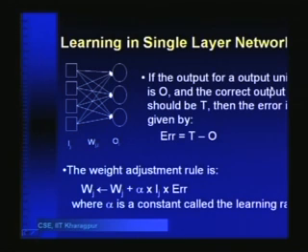If the output for an output unit is O and the correct output should be T, then what do we mean by the correct output? What we are trying to do is learn a function from the inputs to the outputs. Again, this is the structure of the neural network for a function which has 4 inputs and 3 outputs.